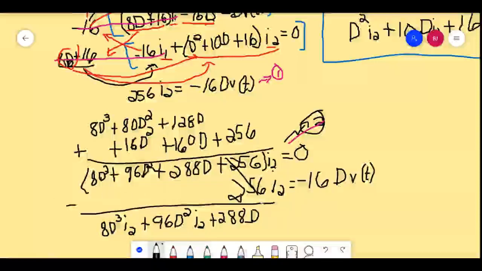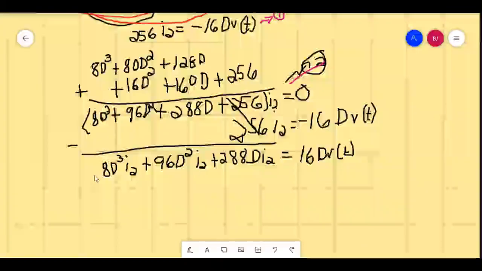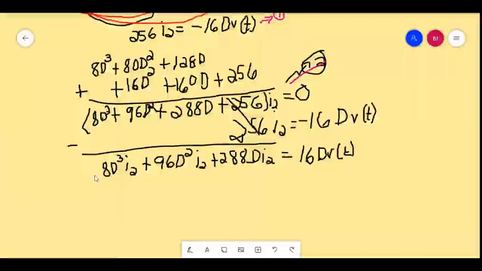I just brought down this term as there is nothing that we can subtract it with, and I2. Okay, this is the one that we can subtract. 256 minus 256 is 0, so it's not going to show up here anymore, and this would be positive already, 16 dVt. 0 minus negative would be positive from basic algebra.